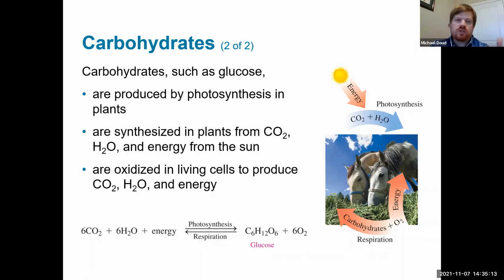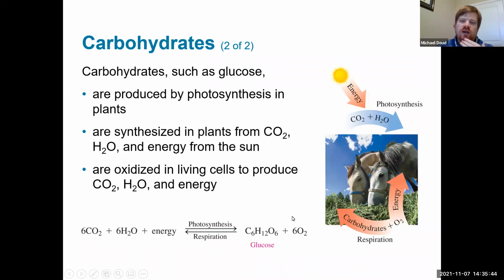Glucose is the simplest example, although there are a bunch of different ways it can go from there. You take 6 molecules of CO2 plus 6 molecules of water, and it takes a lot of energy, energy from sunlight. Photosynthesis then produces glucose, which is going to be our first monosaccharide, or carbohydrate. In that process, it also produces oxygen.